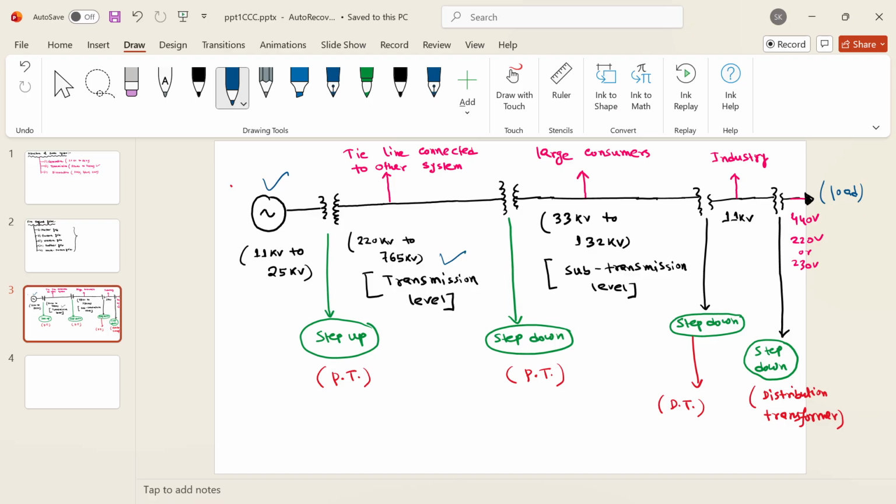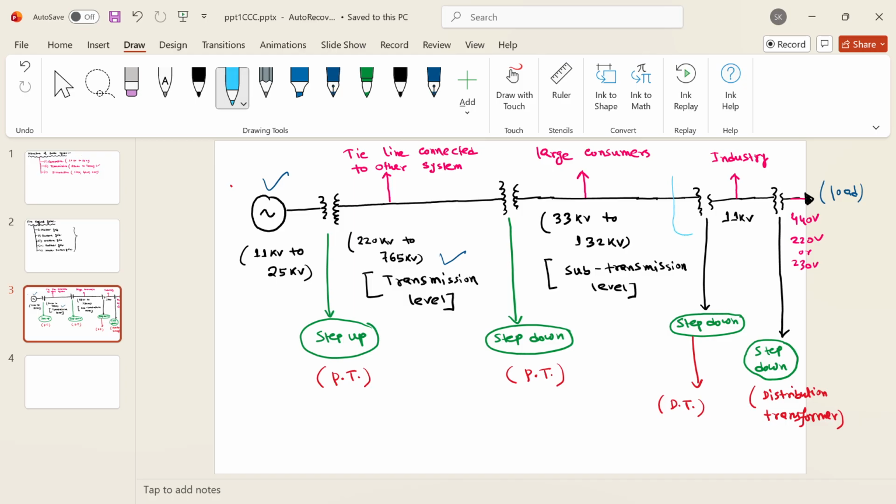And you have this transmission level after that. That voltage can vary from 220 kV to 765 kV, and then you have this step down transformer, and this is what we call the sub transmission voltage level, which varies from 33 kV to 132 kV. Now distribution comes. Distribution has two things: primary distribution and secondary distribution.